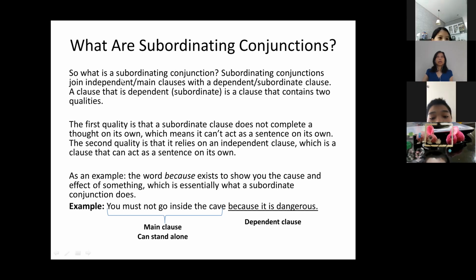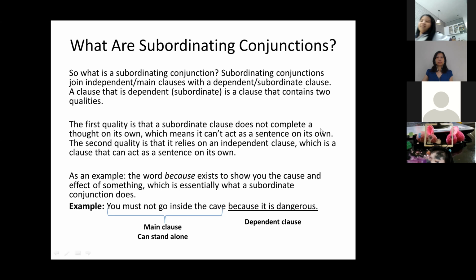Melissa. Go ahead, Kalista. So what is a subordinating conjunction? Subordinating conjunctions join independent or main clauses with a dependent or subordinate clause. A dependent or subordinate clause is a clause that contains two qualities.